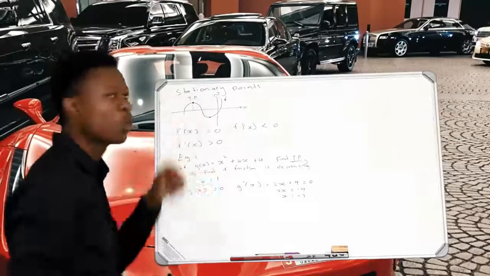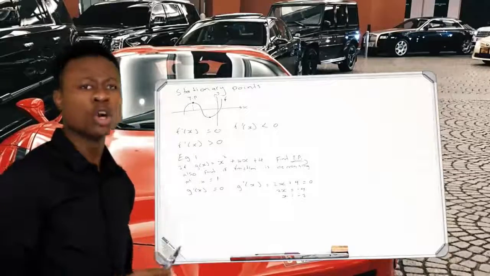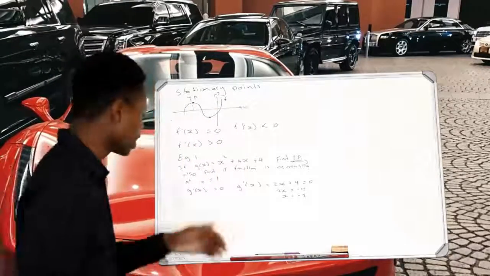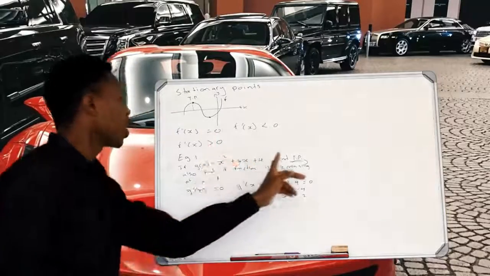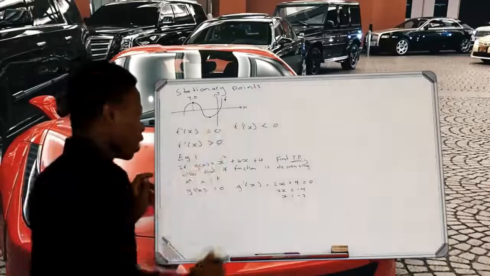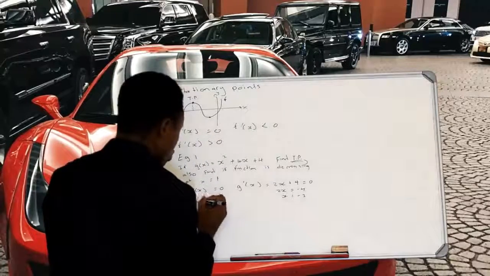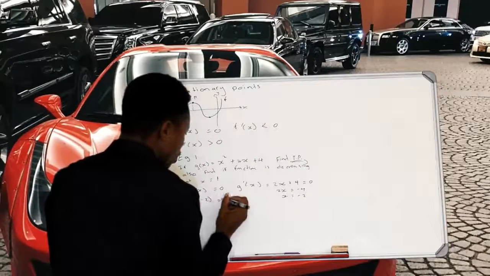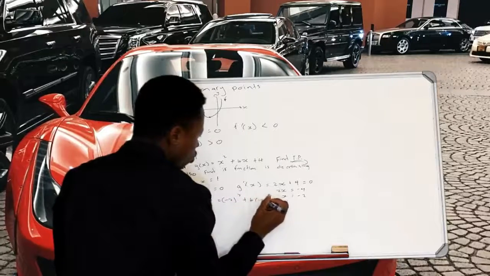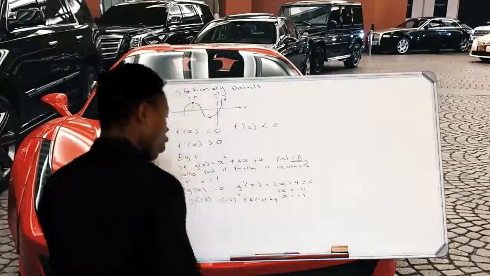So now we need a y coordinate. For a y coordinate, what do we know? We know that it's on the graph. If it's on the graph, what does it mean? We can just substitute into the original equation, g of x. So if we substitute into the original equation, what do we get? g of -2 is equal to -2 squared plus 4 times -2 plus 4, right?